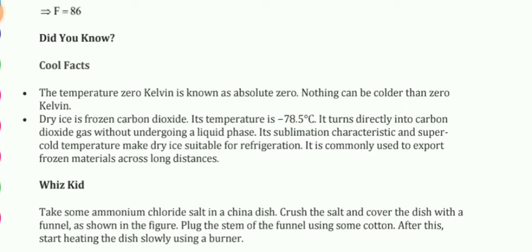It turns directly into carbon dioxide gas without undergoing a liquid phase. Its sublimation characteristics and supercooled temperature make dry ice suitable for refrigeration. It is commonly used to export frozen material across long distances, means from one country to another country, like that.